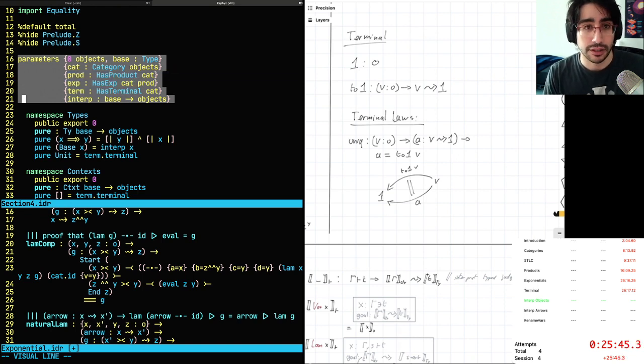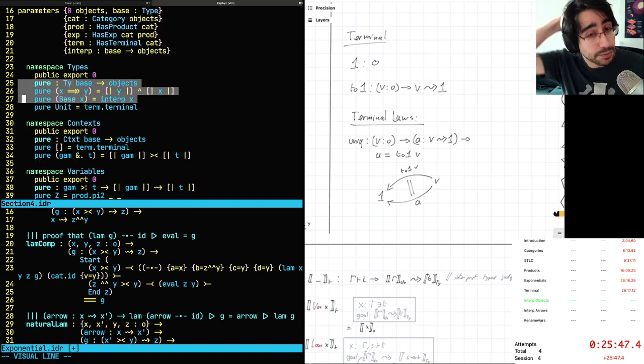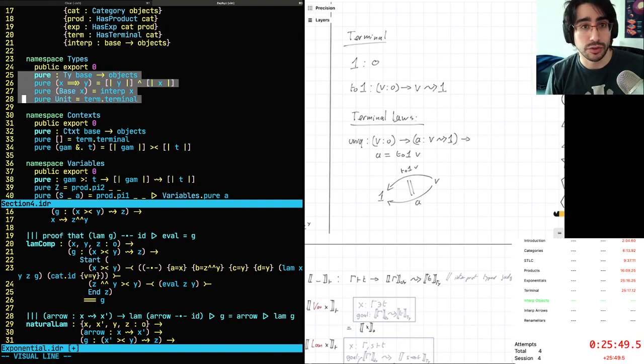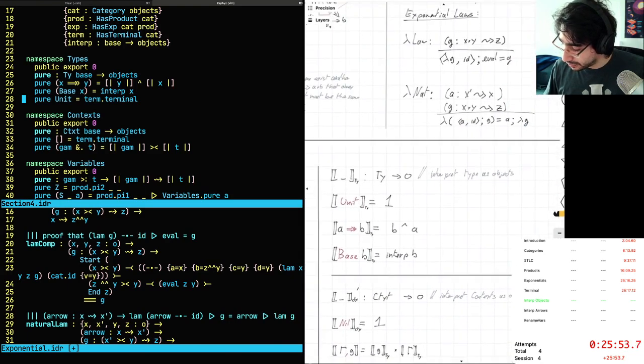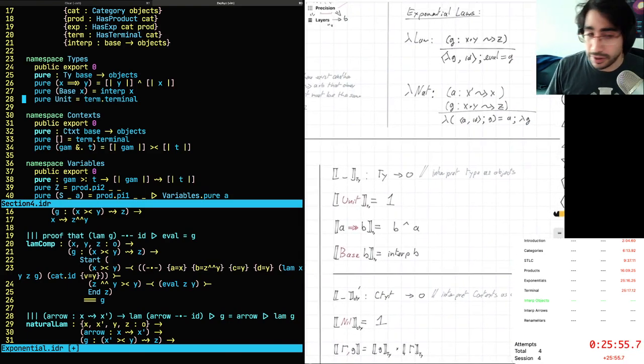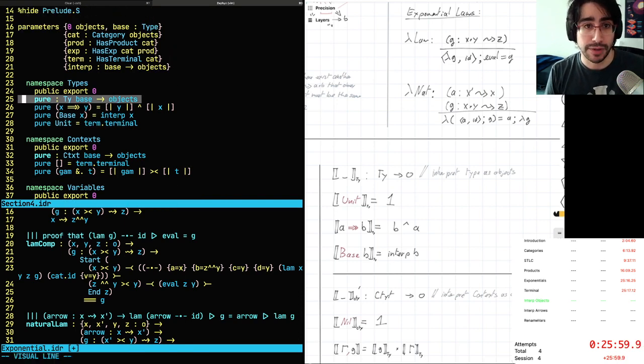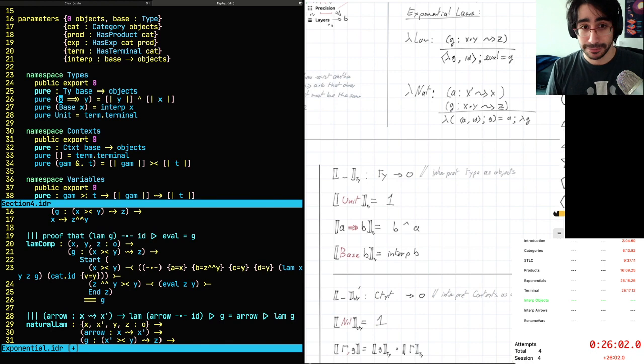And here I have descriptions of how to go from one to the other. The typical way of describing this is you will just say you map types to exponentials and you map units to terminal, etc. But this is a honest to goodness implementation.